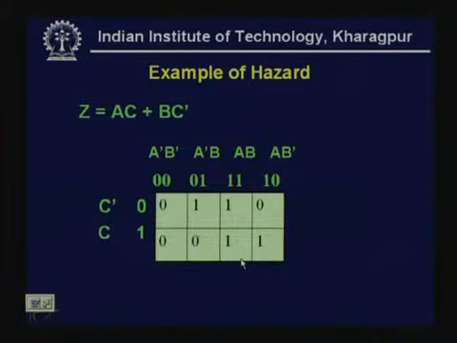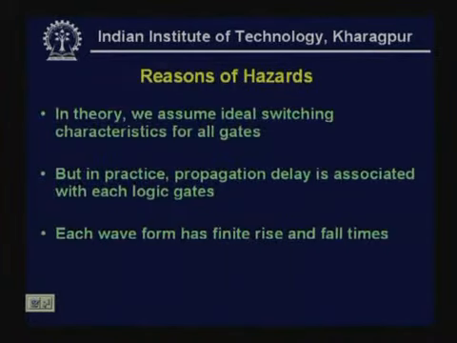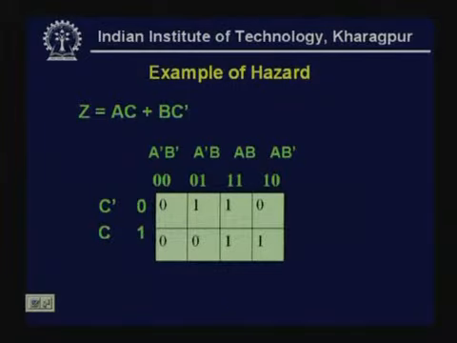So this problem we are defining as a hazard, and this is the reason for the hazard: the time or the delay it is taking. So let us take an example.